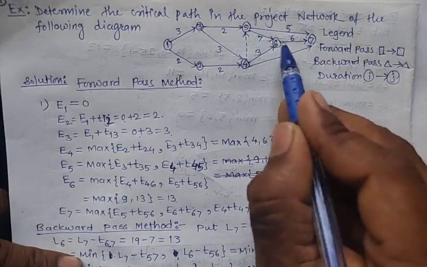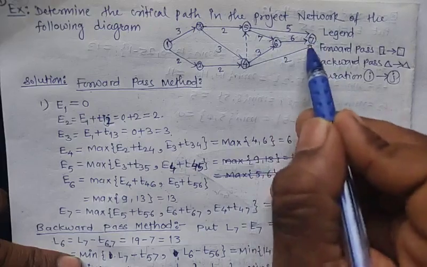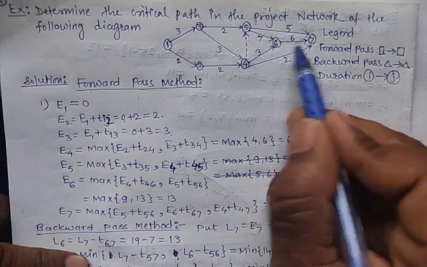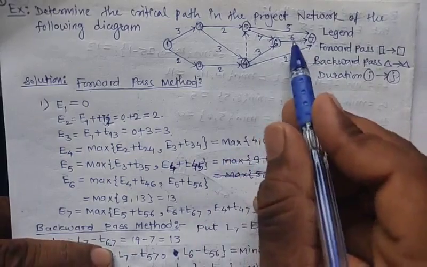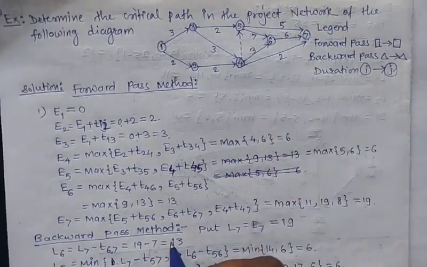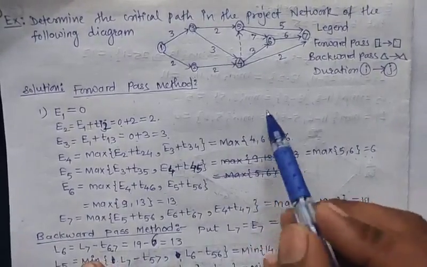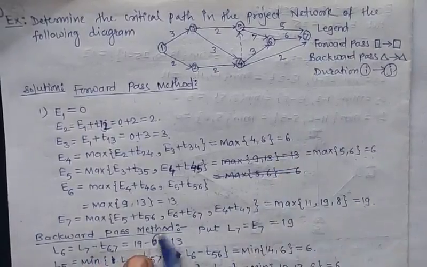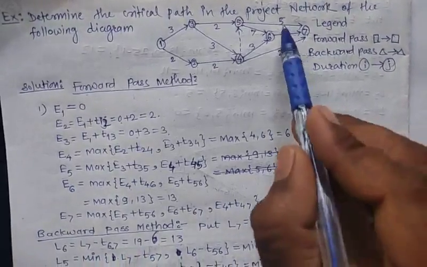From E6 there is only one outgoing arrow, which goes to L7. So we get the formula L7 minus T67. 19 minus 6, which is 13.